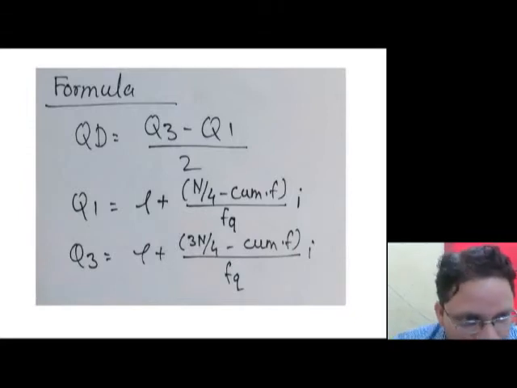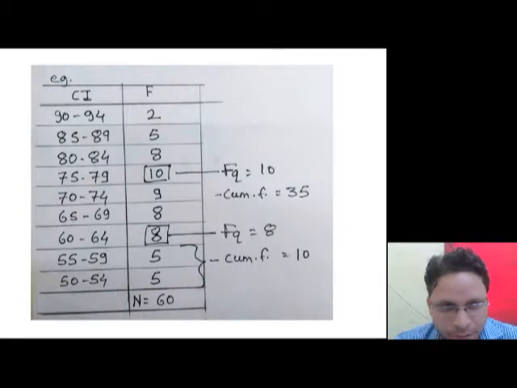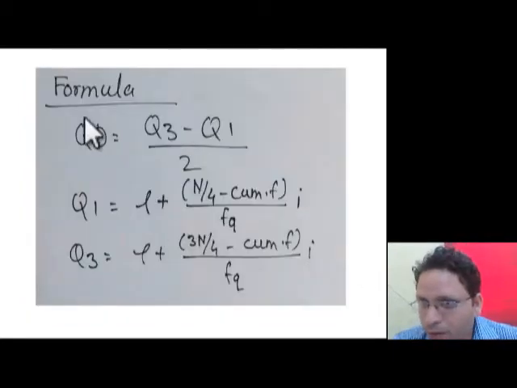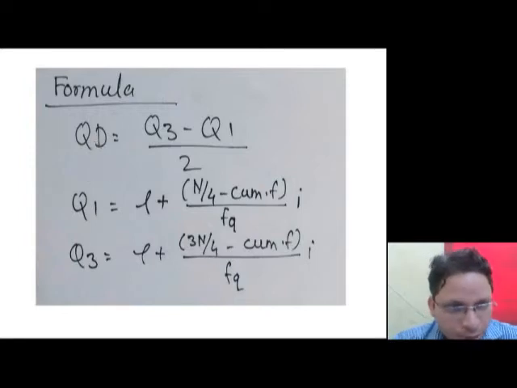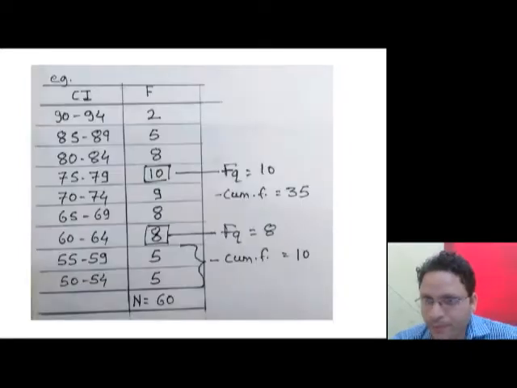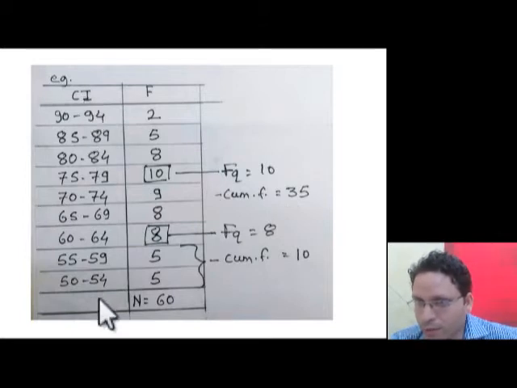Now for example, we have got this data. To calculate QD we should first know the value of Q1 and Q3, and then only we can get the value of QD. You have got only two columns here, class interval and f.